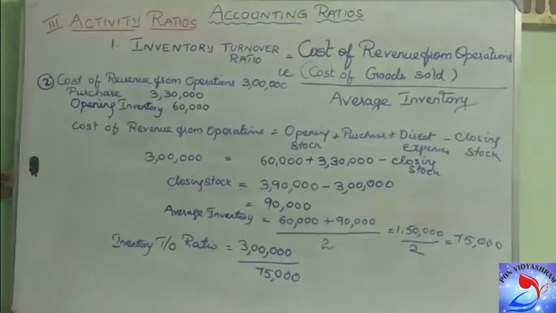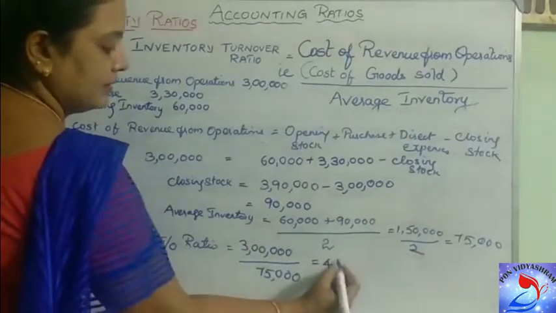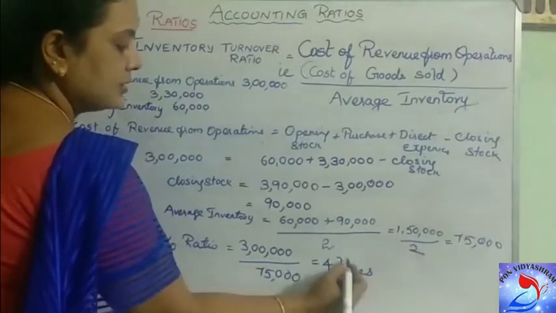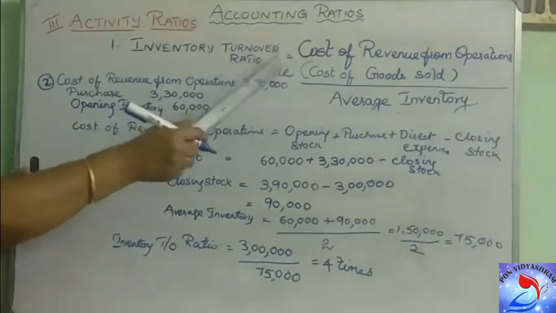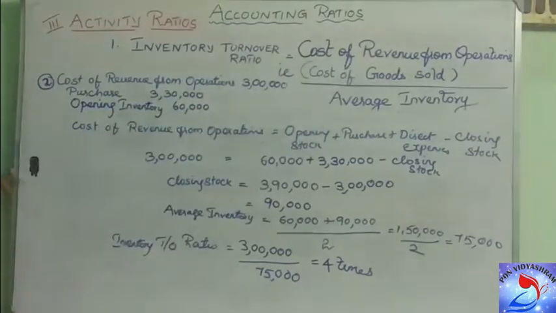How many times is 75,000 in 3 lakh? It is 4 times. So here in the sum you have to apply your formula. That is the reason in the beginning itself I gave you the information of how to find out the cost of revenue from operation by a different method.